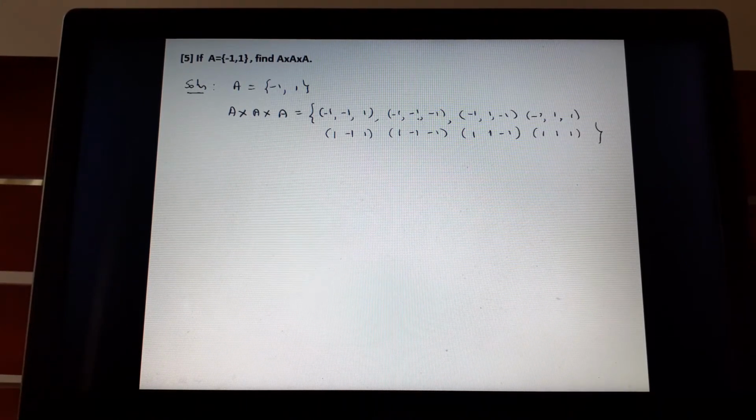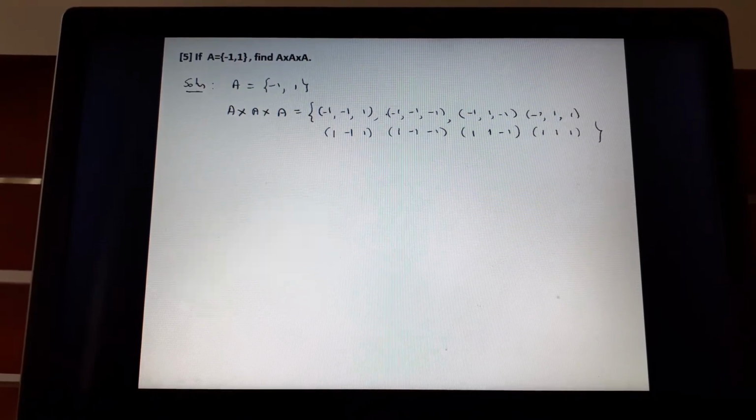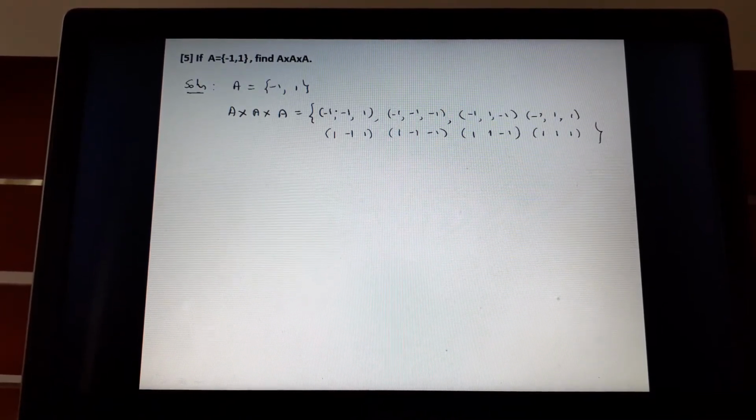Actually, the calculation is like this. The number of elements must be equal to 2 into 2 into 2, 8. So you can check 1, 2, 3, 4, 5, 6, 7, 8. So this is A cross A cross A. What you have to do is fix one element and write all the possibilities, then change this one and write all the possibilities, so that you will not miss any element. So this is the fifth question.